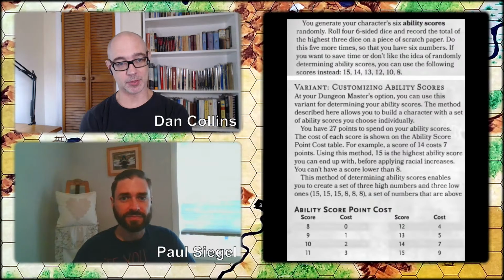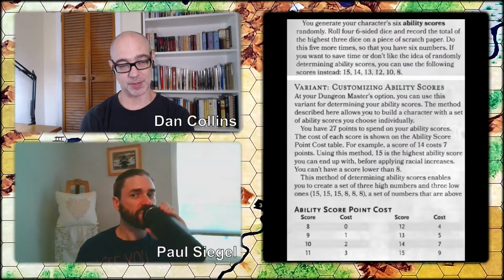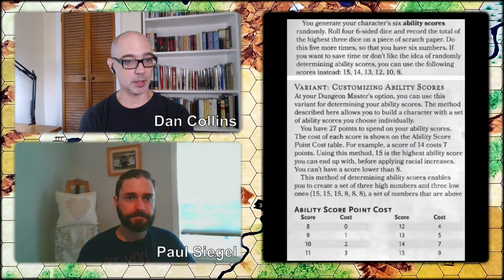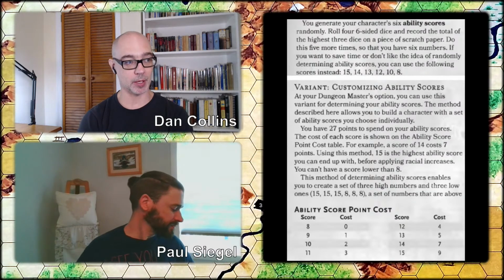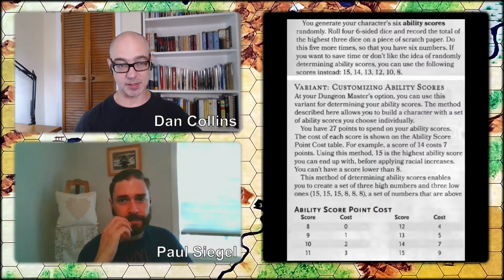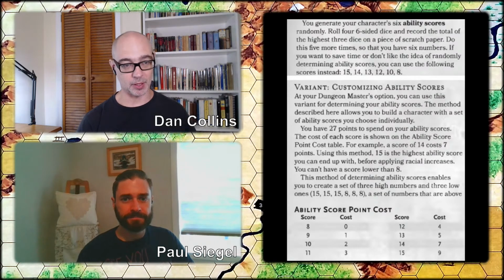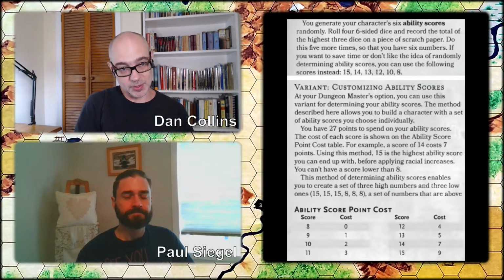And William in the chat is also saying he uses the standard array. Particularly if characters are a little bit more complicated to make, you make them in advance, off the table. You won't have the DM there to actually witness the rolls.